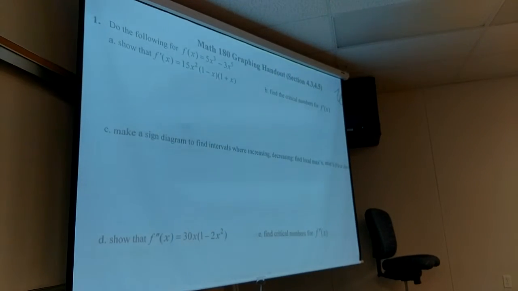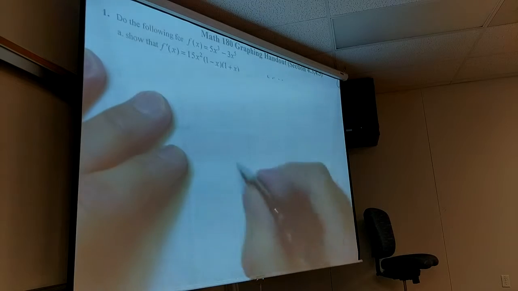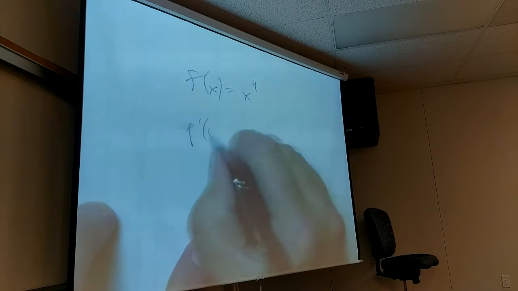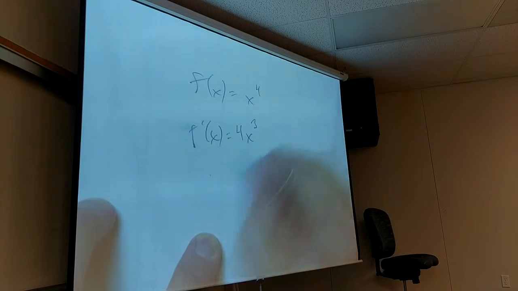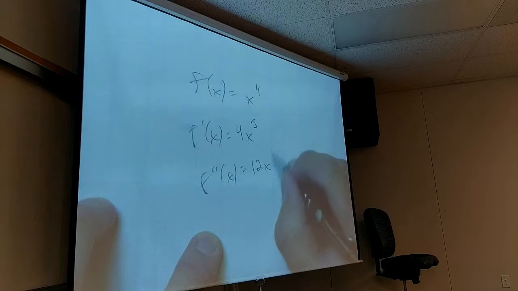is, let's see if I can find some paper. If I look at this function here, what's the first derivative? 4x cubed. And the second derivative? 12x squared.